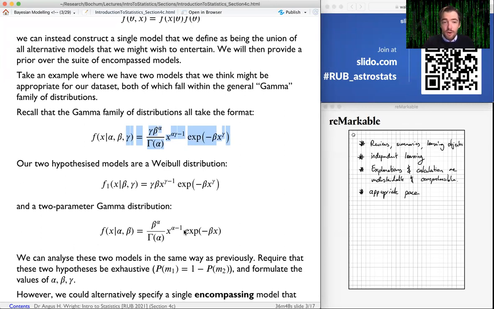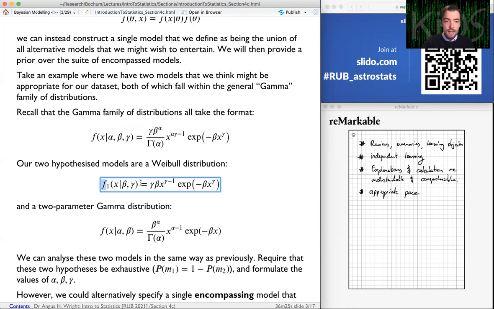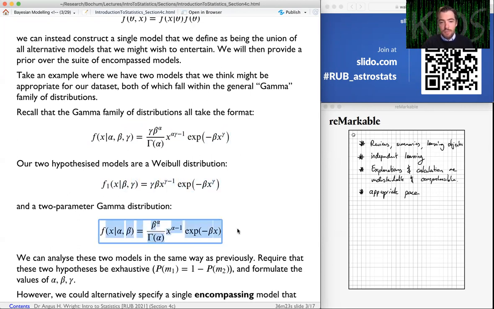Instead of analyzing my data with beta and gamma as my free parameters, and then alpha and beta as my free parameters, and comparing the posteriors, I can just create one posterior which uses alpha, beta, and gamma together. By definition that will contain this model, this model, and a whole lot more.